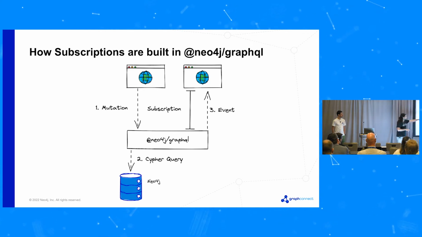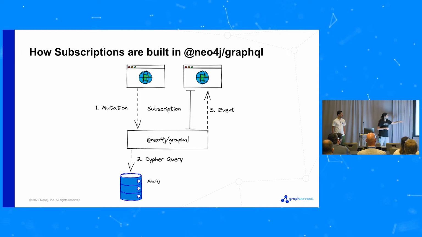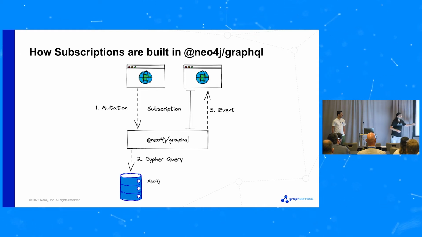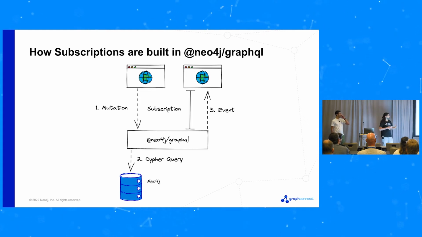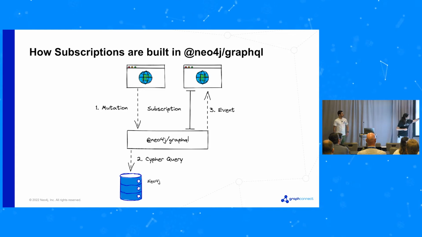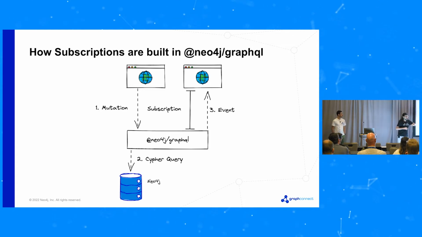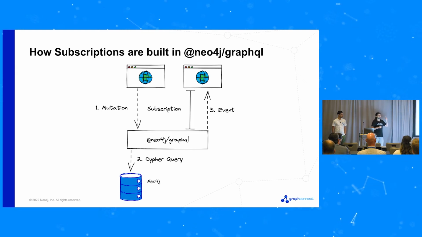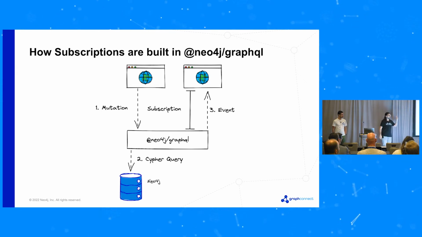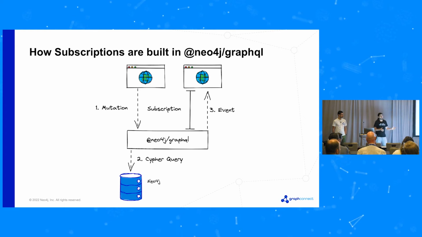The Neo4j GraphQL library will trigger that mutation into the database, doing the translation that Darrell already mentioned. And once that transaction has happened successfully, then it will trigger the events to any subscribed client. So the key takeaway here is that the subscriptions are triggered after the database mutation has happened. That's quite important: consistency.